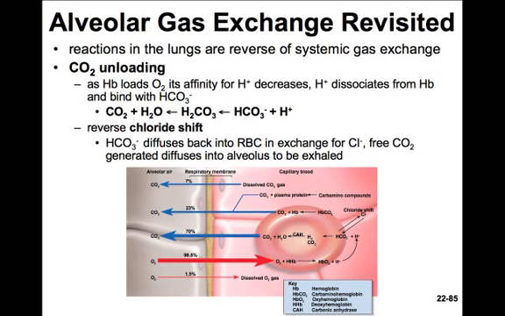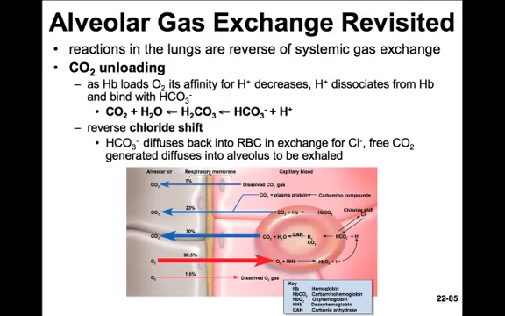So the reactions in the lungs are the reverse of what we saw in the systemic gas exchange, where we were dropping off oxygen at the tissues and picking up carbon dioxide. Now we have blood that has a high partial pressure of carbon dioxide, and we need to unload it. So as hemoglobin picks up oxygen, which is diffusing down its gradient across the respiratory membrane, the affinity of hemoglobin for hydrogen ions decreases.